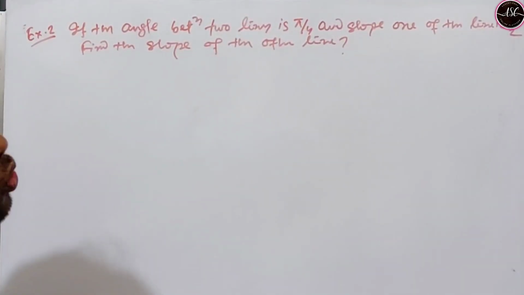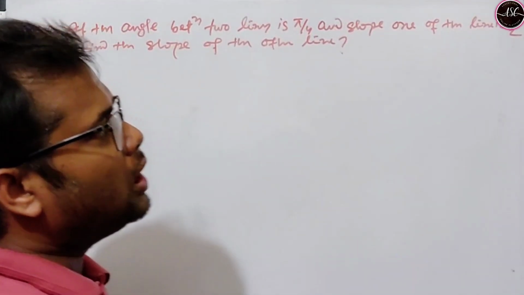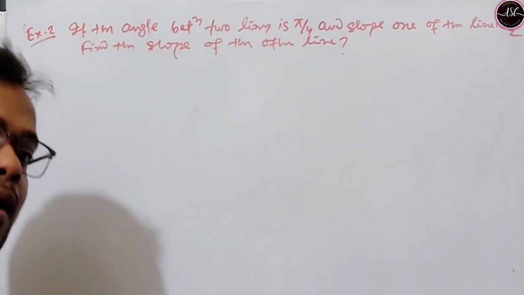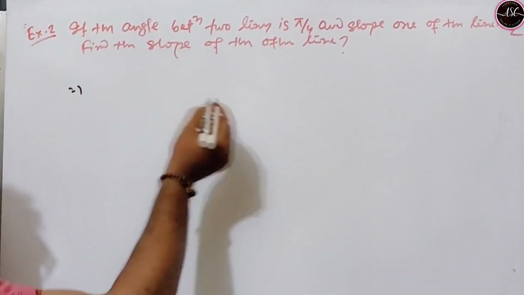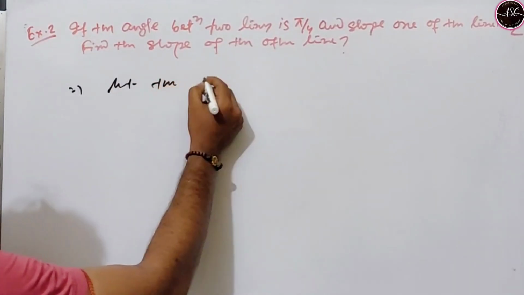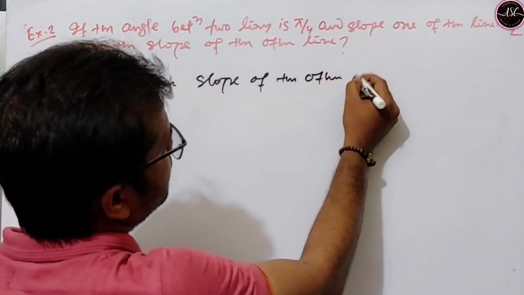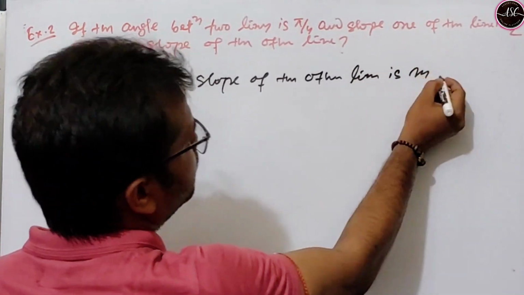Look at this question. If the angle between two lines is pi by 4 and the slope of one line is 1 by 2, find the slope of the other line. Let the slope of the other line be m.